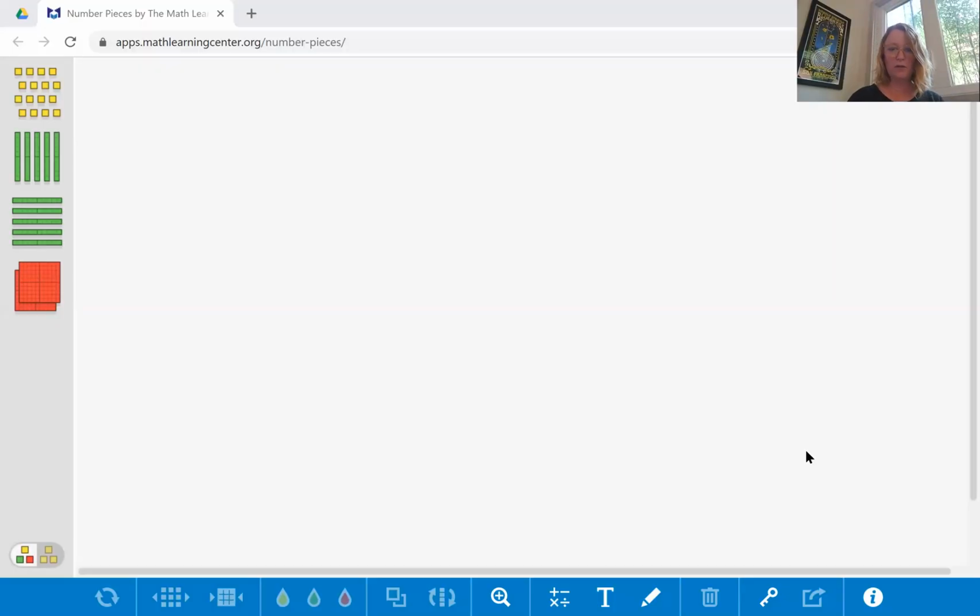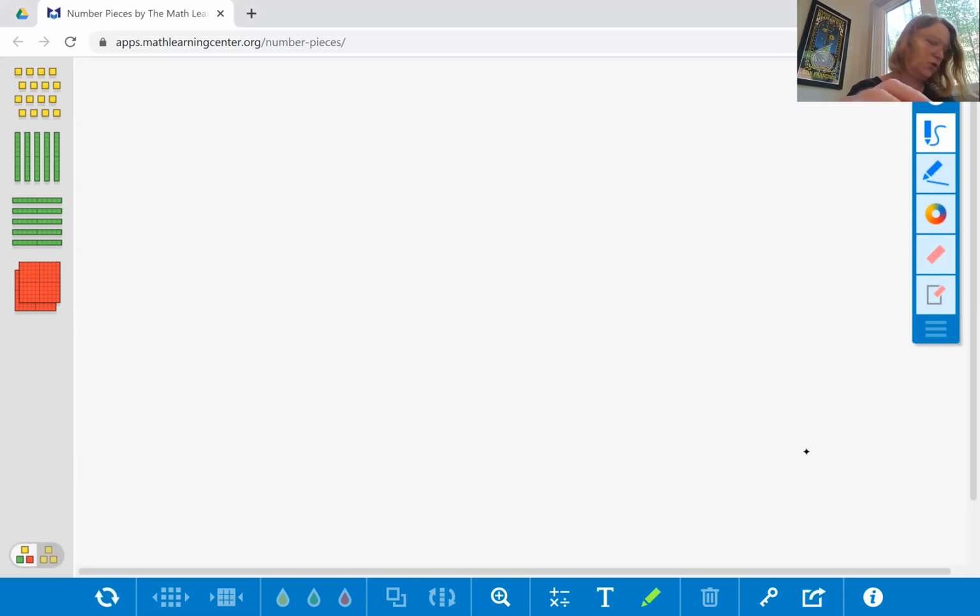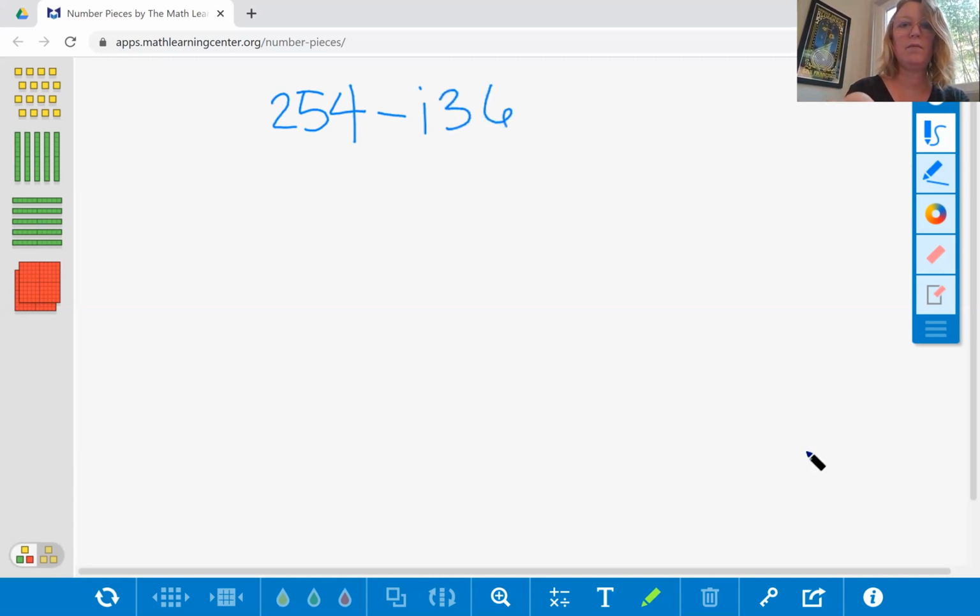I'm going to go to my math board here, and I'm going to think to myself that we had 254 beach balls, and they sold 136. My one ended up looking like an I there.